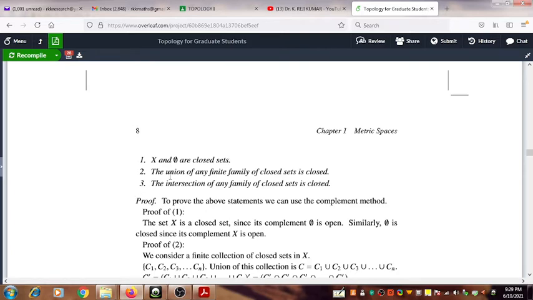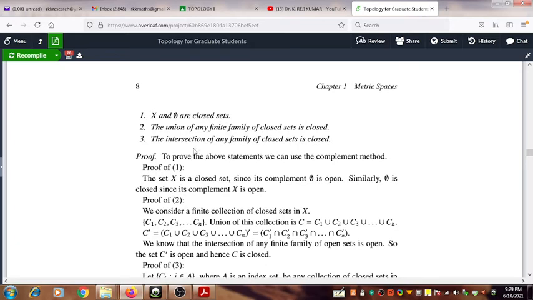The second statement says that the union of any finite family of closed sets is closed. And the third statement says that the intersection of any family of closed sets is closed.